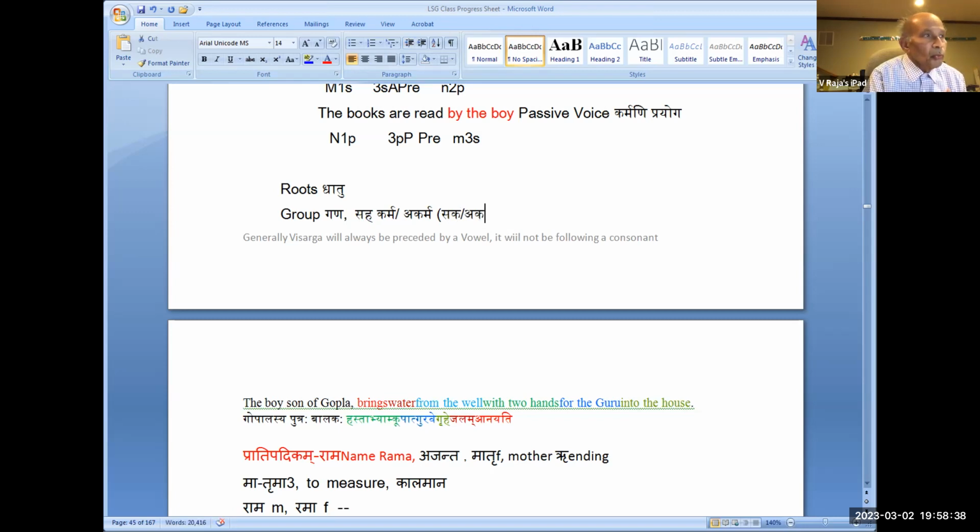So when you are given a root, first you have to know what group it belongs to. Does it take an object or does it not take an object? The moment you see it doesn't take an object, we don't look into passive voice, because there is no object, like "the sun shines on the house." How do you put that in the passive voice?